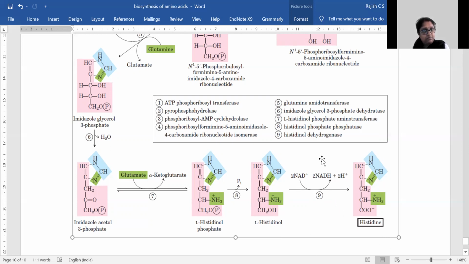That is done by histidinol dehydrogenase. So that is the sum total of histidine biosynthesis reactions.